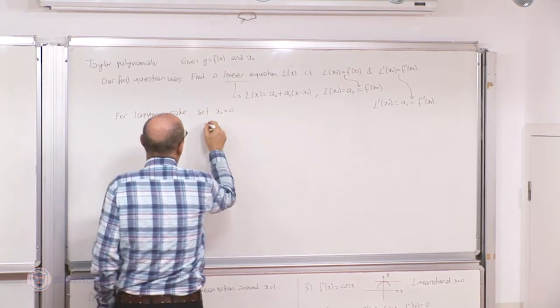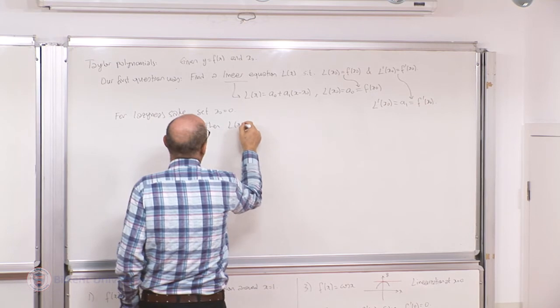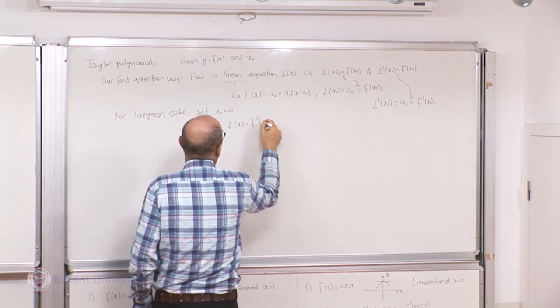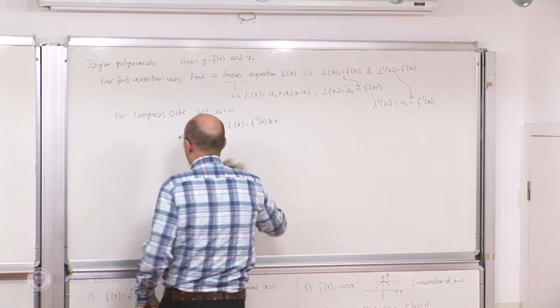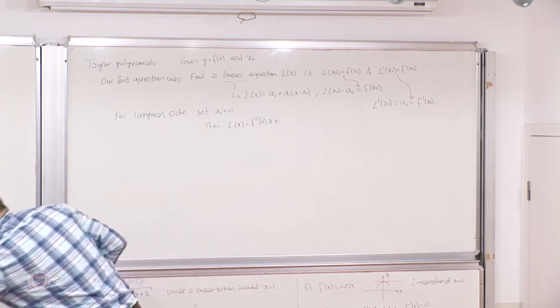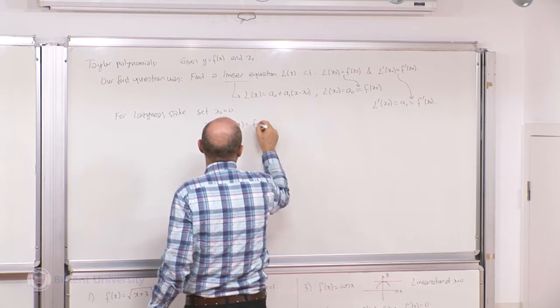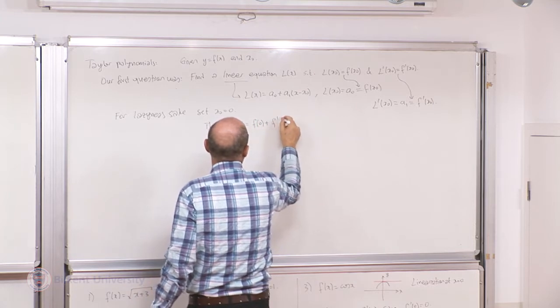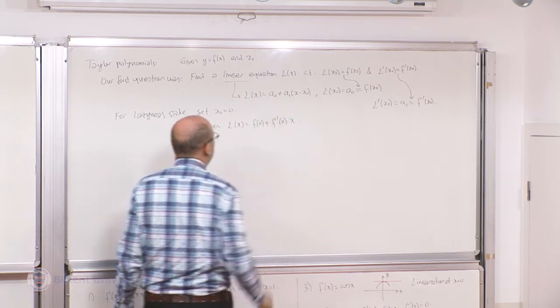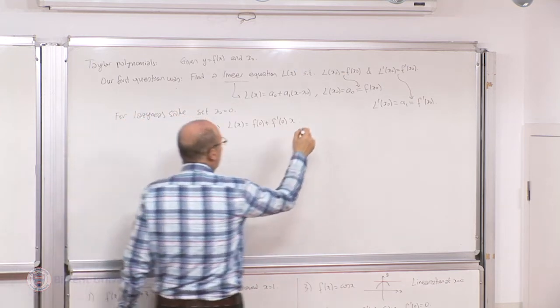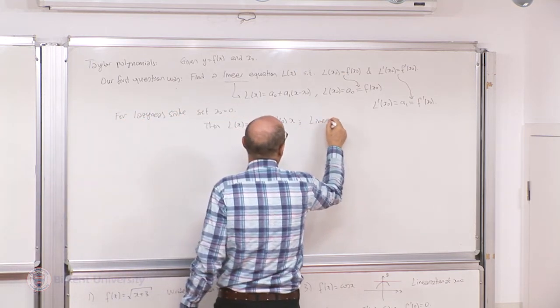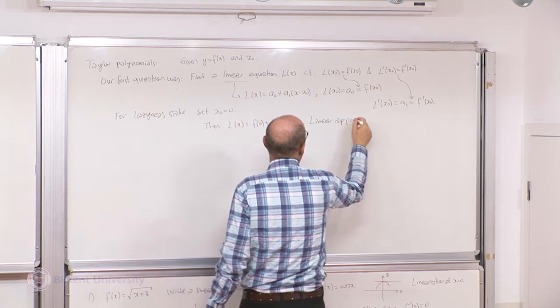Then L(x) is equal to f of 0 plus f prime 0 times x. I want to write it this way because when we are generalizing, we want to keep the first few terms. That's the linearization, the linear approximation.